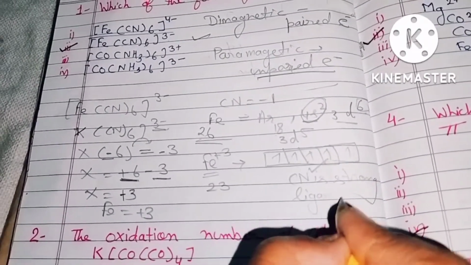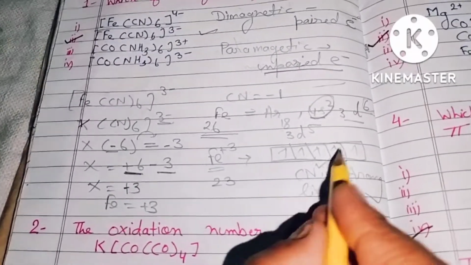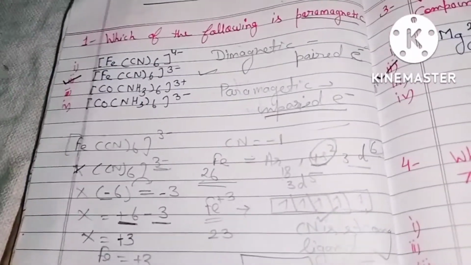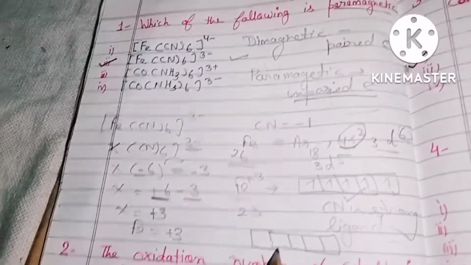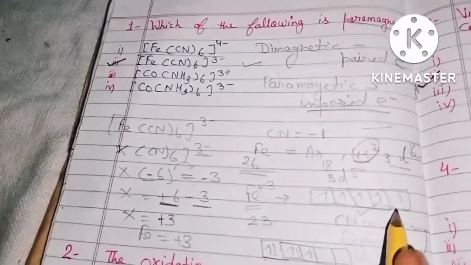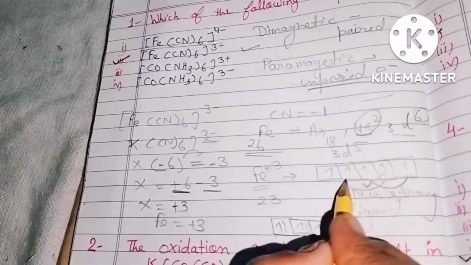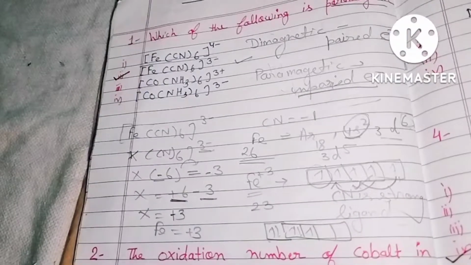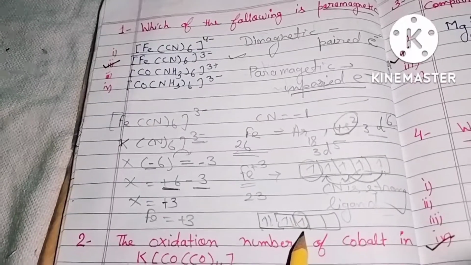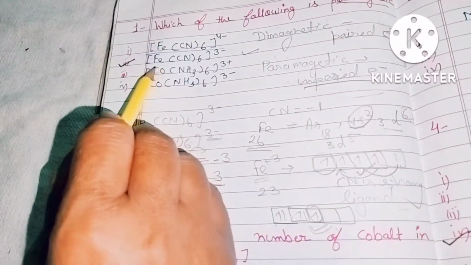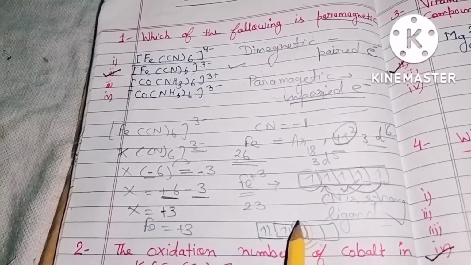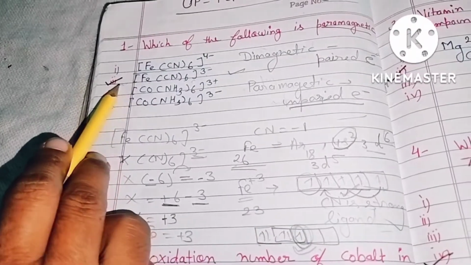In this condition, electrons shift from the ground state to the excited state, the unpaired electrons shift and become paired. Two pairs of electrons are formed, but one unpaired electron remains in the outermost shell. This unpaired electron is found in the second option, which is the right option. Due to the presence of this unpaired electron, the compound shows paramagnetic nature.